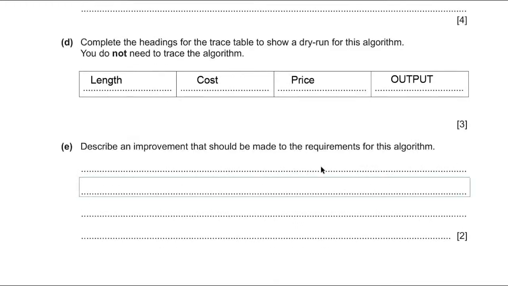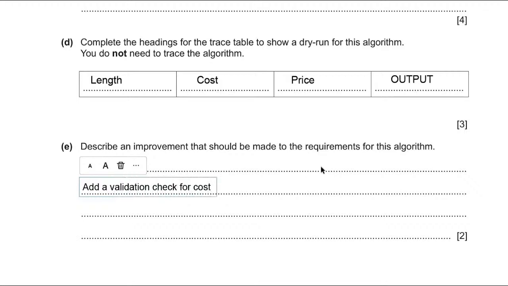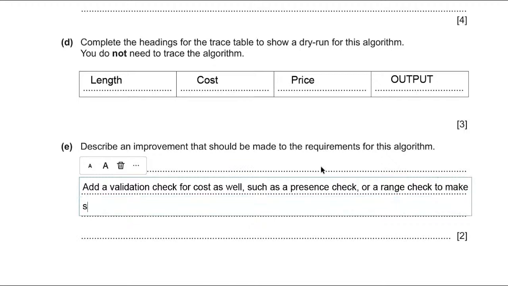So add a validation check for cost as well, such as a presence check, like cost should not be left blank, or a range check to make sure cost is always greater than 0, because obviously cost cannot be a negative number or 0.